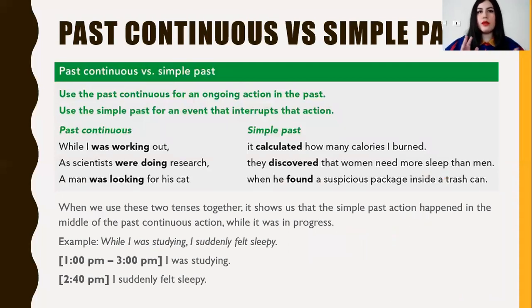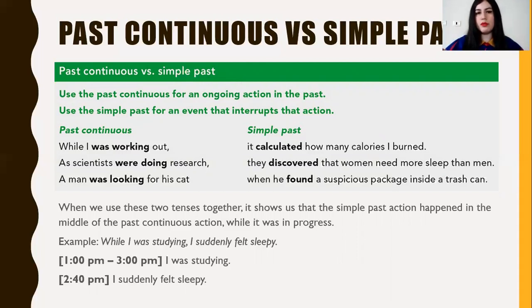And then we have sentences where we use the past continuous and the simple past. When we use the past continuous and simple past in the same sentence, we're going to be saying that the past continuous action happened first or started first. It happened during a period of time, and then the action that is in simple past interrupted or happened in the middle of this action.